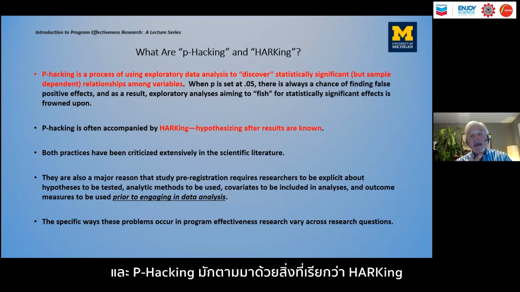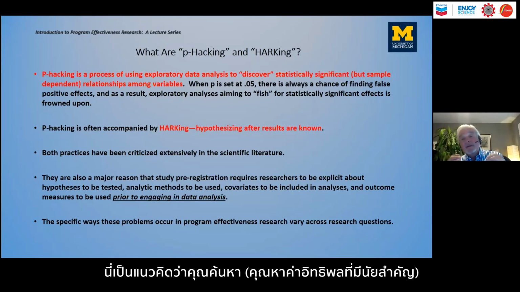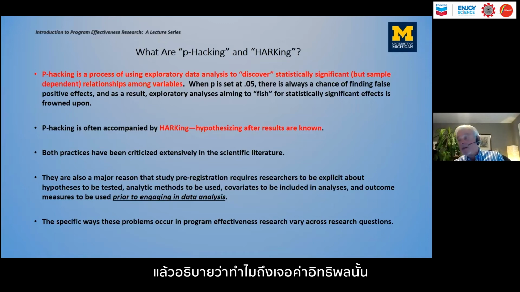And p-hacking is often accompanied by what's called harking, hypothesizing after results are known. This is the notion that you find some significant effect, and then you justify why that effect was found, when in fact, you never expected to find that effect.